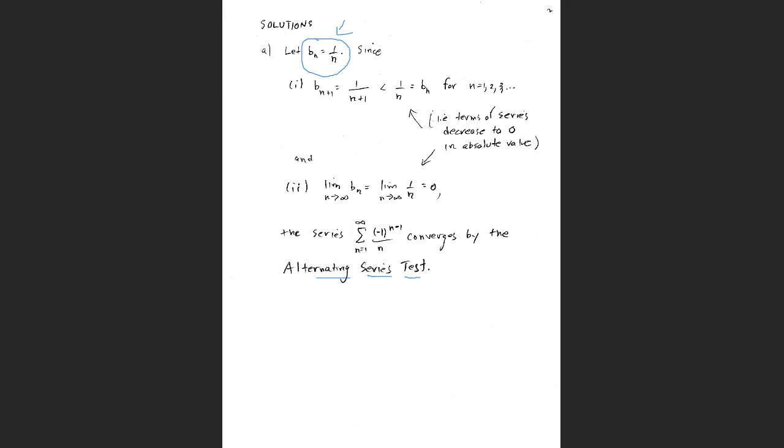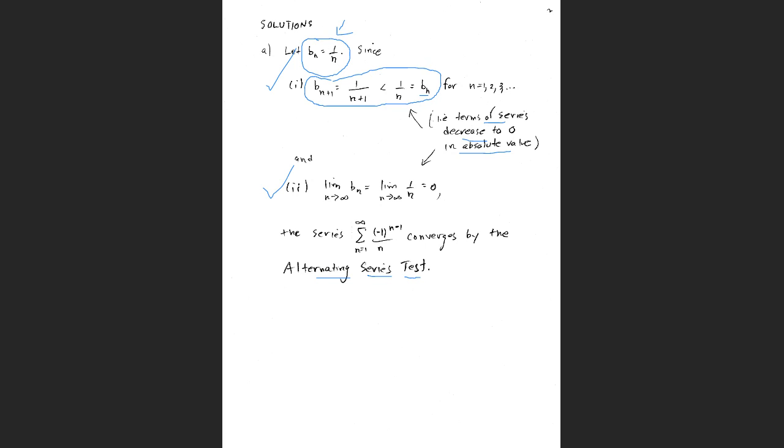So the first thing is, do the terms of the series decrease? And they do. This is just a fancy way of saying that the n plus first term, 1 over n plus 1, is less than the nth term of the series, which is 1 over n. So if you disregard the plus or minus, the terms of the series decrease. That's the first condition.